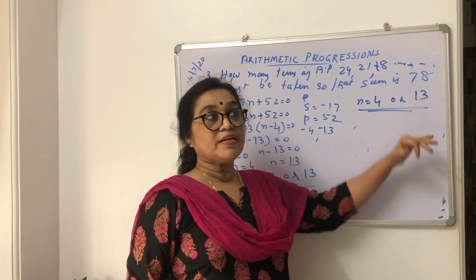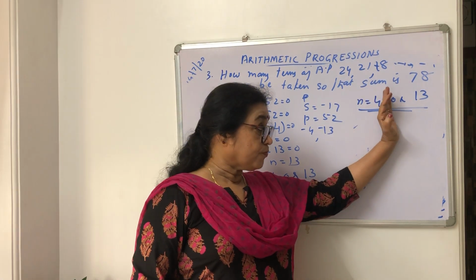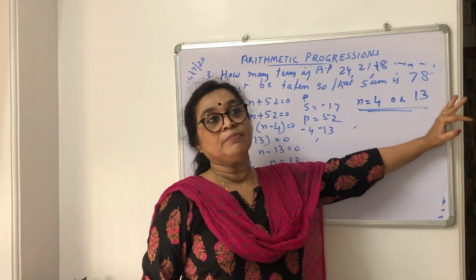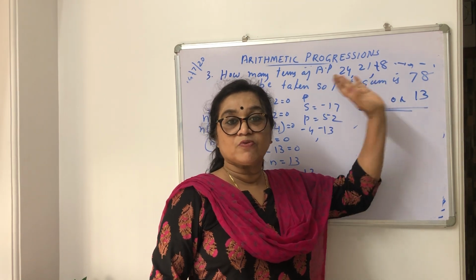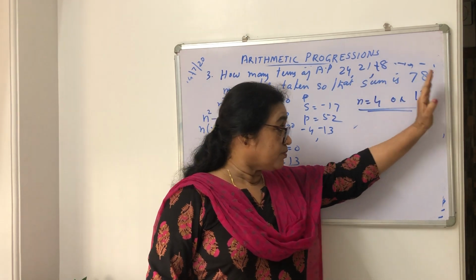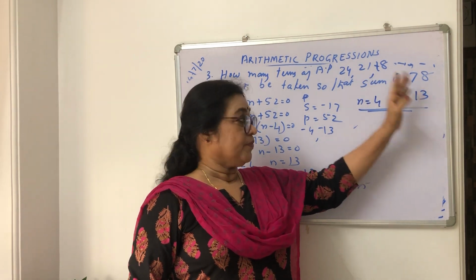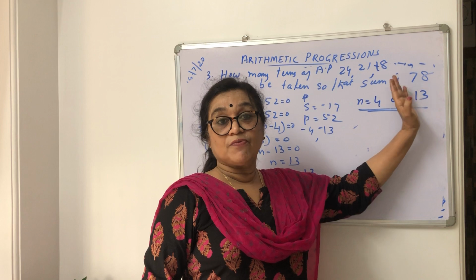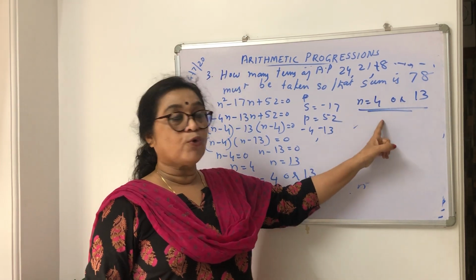Both the positive and negative values will be cancelled. That is, from the 5th term to the 13th term, some are positive, some are negative, therefore all the numbers will be cancelled. The sum will become 0. Therefore, n can be 4 or 13.